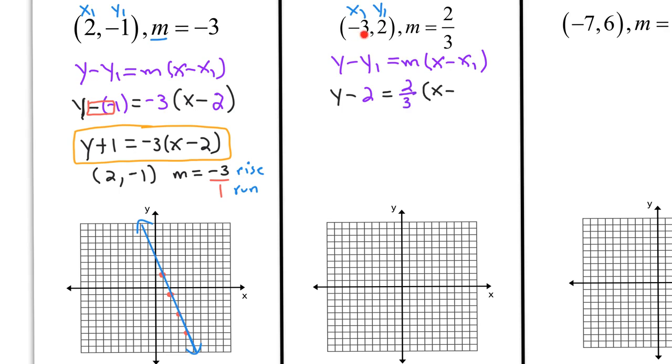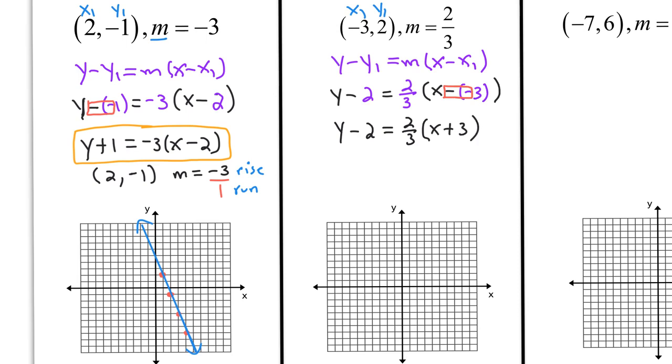Now notice x1 is negative 3, so I'm going to have to use parentheses with the negative here. Negative 3, and you close parentheses. So we do have double negatives right here, so I'm going to turn that into positive. Negative times negative is positive. And I have y minus 2 equals my slope, 2 over 3, times the quantity of x plus 3.